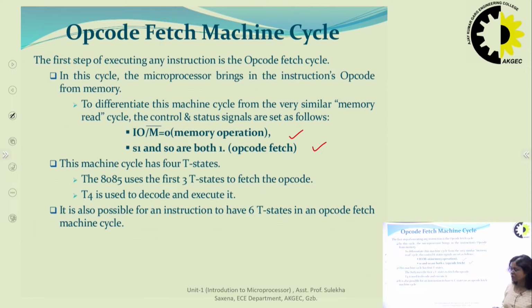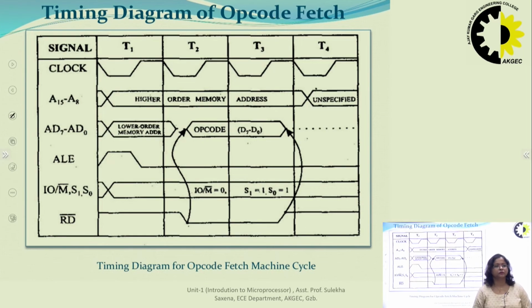The signals which we draw in each machine cycle timing diagram are address buses, data buses, status signals and control signals. So, before reading this diagram, I want to explain each signal in detail. We have already seen how we draw clock signal by one complete cycle.